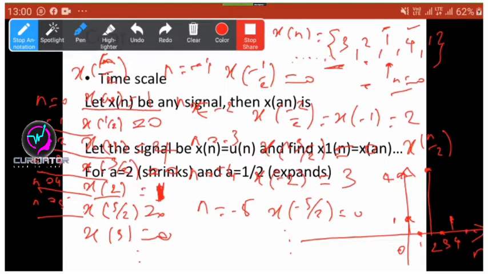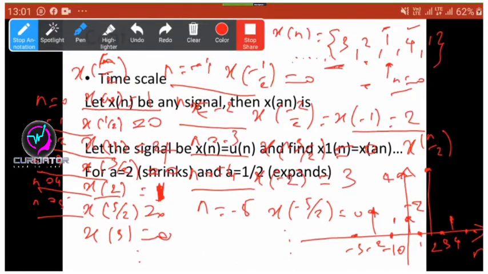Now let us go for the negative side. For n equal to minus 1 we get x of minus 1 by 2, that is 0. For n equal to minus 2 we get x of minus 1, that is 2. And for n equal to minus 3 we get x of minus 3 by 2, that is 0.